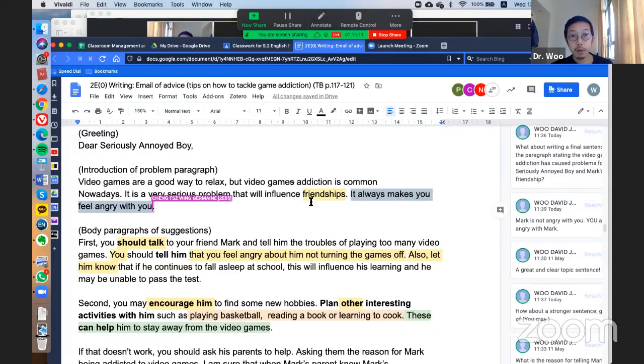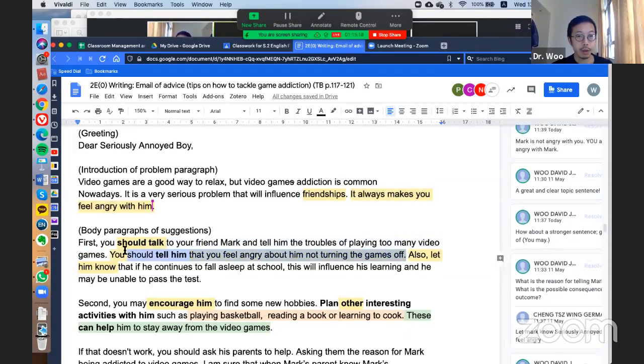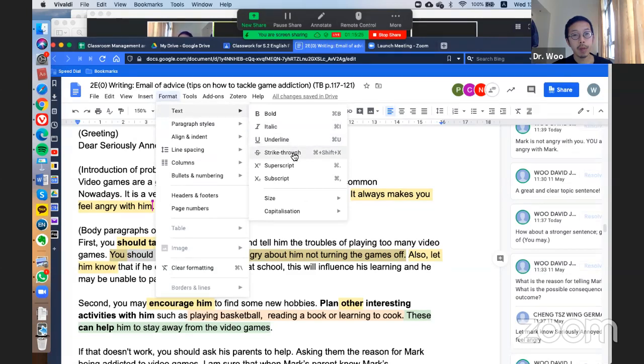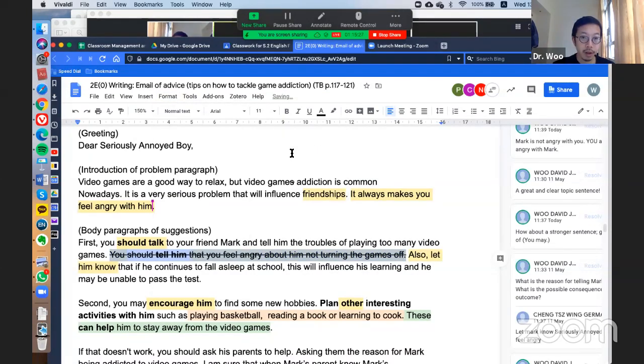Okay. Now, if you say that, Jermaine, then you can't say this. That is, you can't use the second sentence of your body paragraph because you already said it.